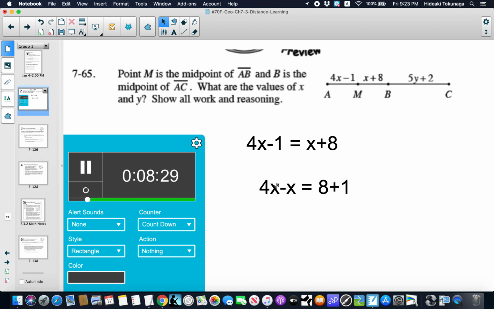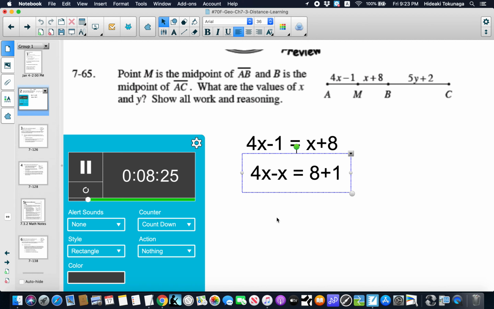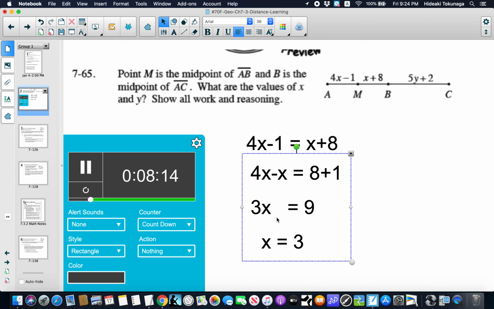If you do this, the left hand side will be 3x, equal to 9, and x must be 3.